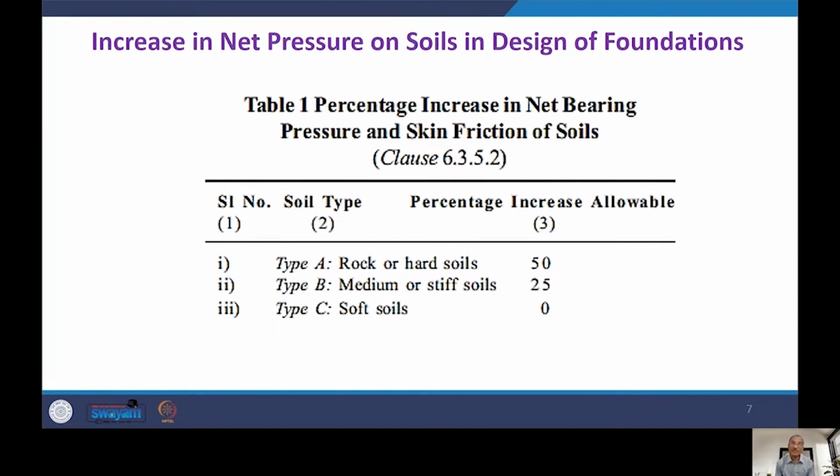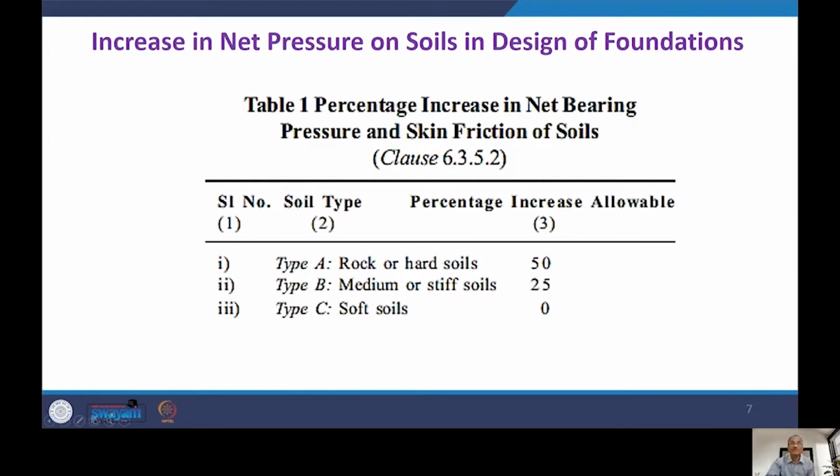If your foundation is passing through type B soil, then the increase when you consider earthquake load should be 25%. But if your foundation is on soft soil, then there should be no increase in bearing pressure irrespective of type of foundation.